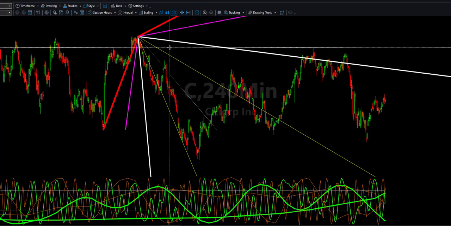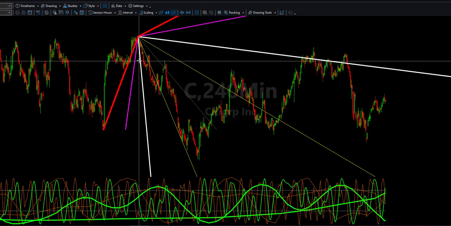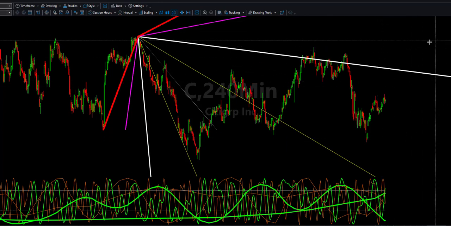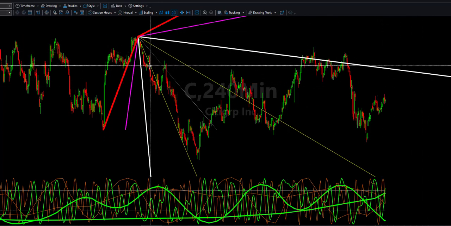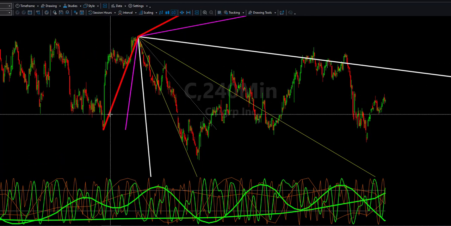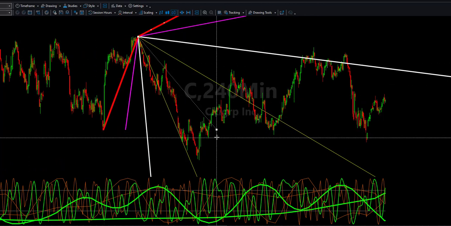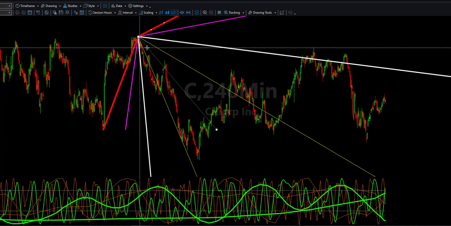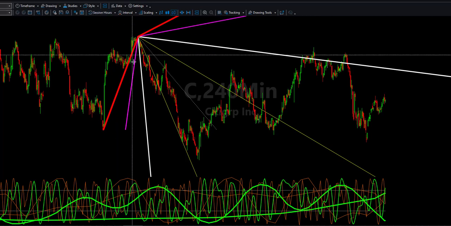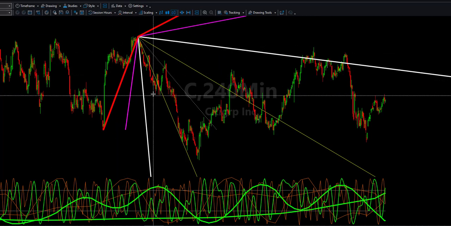If I project it for 3 months down the line, the error will be very large. That is why, if you're using geometrical tools, you need to square the chart effectively. Since we are not going too far away, and this is a 4-hour chart, we can use this model.